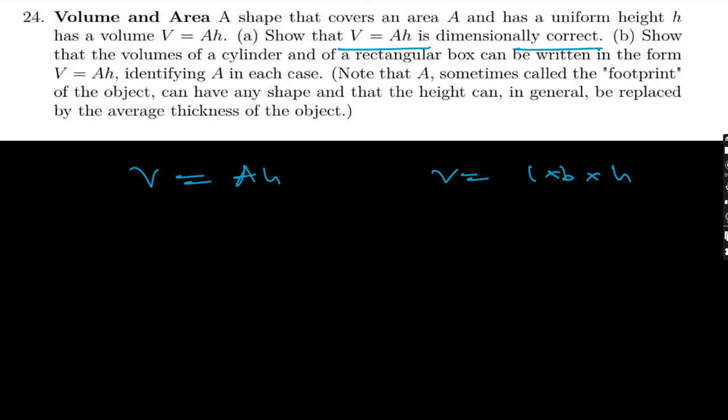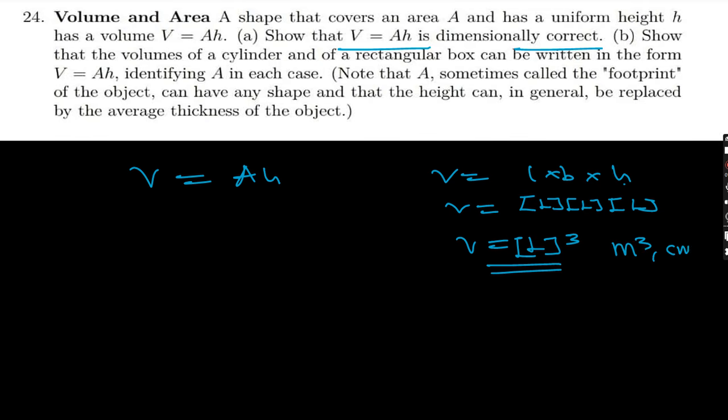The dimensions of L is L, the dimensions of B is also L, and the dimensions of h is also L. So multiplying the three, the dimensions are going to be L to the power 3. That's why the dimensions of volume is always L to the power 3. The units are always cubic meters, cubic centimeters. It is because of this which I've just shown you here.